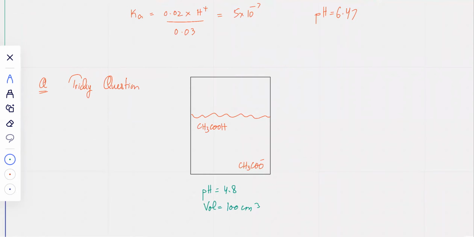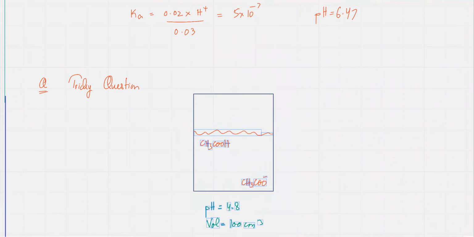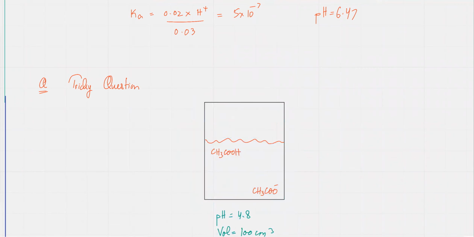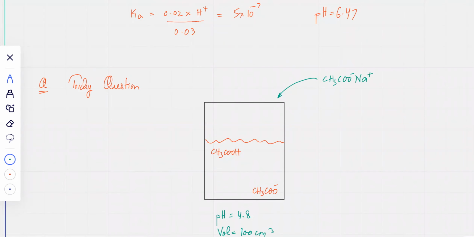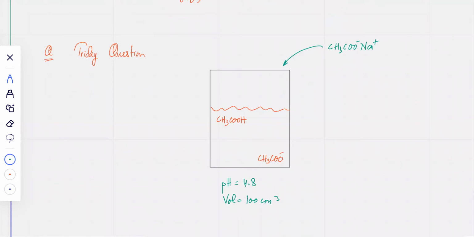And you're given two things: ethanoic acid and sodium ethanoate. So you're going to add sodium ethanoate, which is CH3COO- and Na+, and at the same time you're going to mix ethanoic acid into the mixture. So a weak acid plus its conjugate base are going to form a buffer.